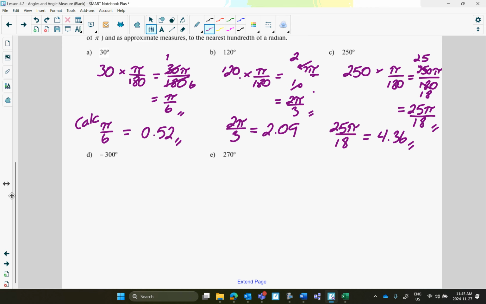Negative 300. Don't forget the negative here. So negative 300 times pi over 180 equals negative 300 pi over 180. How about that one?